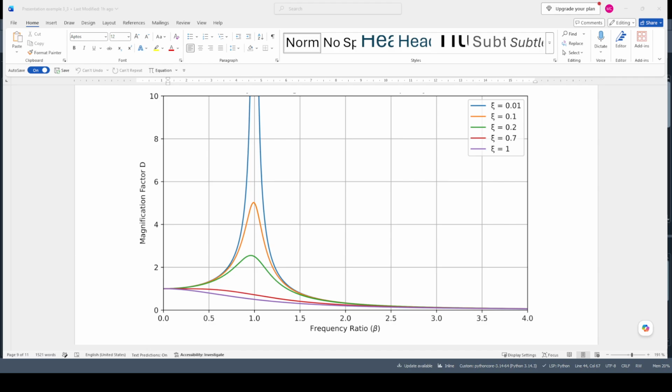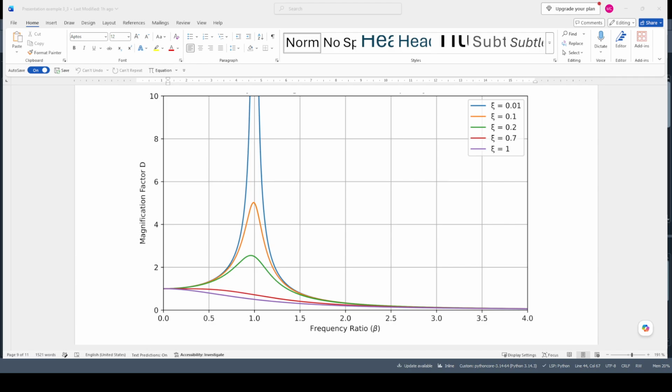For frequency ratio greater than 1, bigger than 1, the factor tends to 0 and is essentially independent of damping. This information is very useful while designing machine foundations or structures against undesirable vibration.